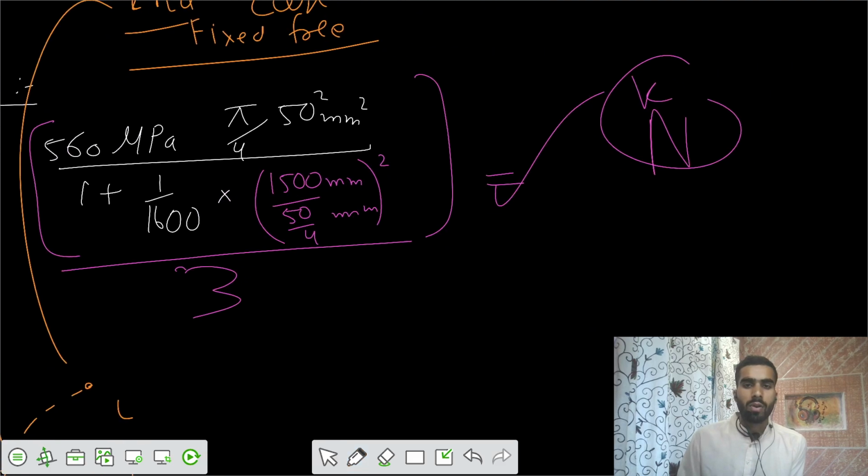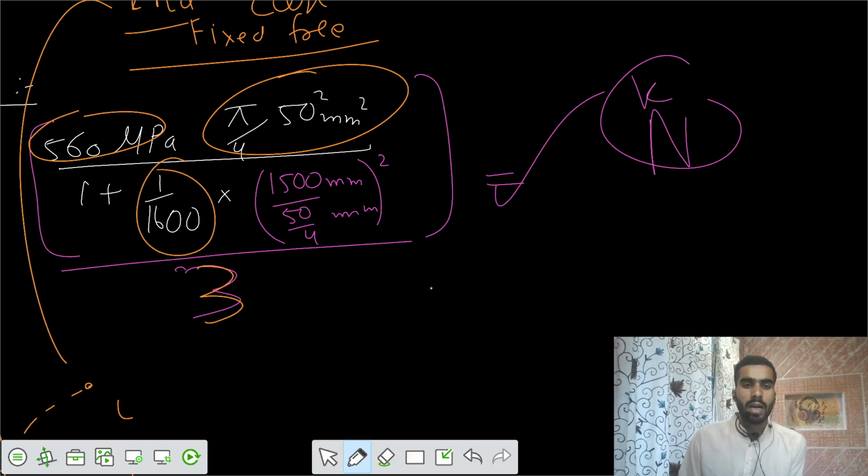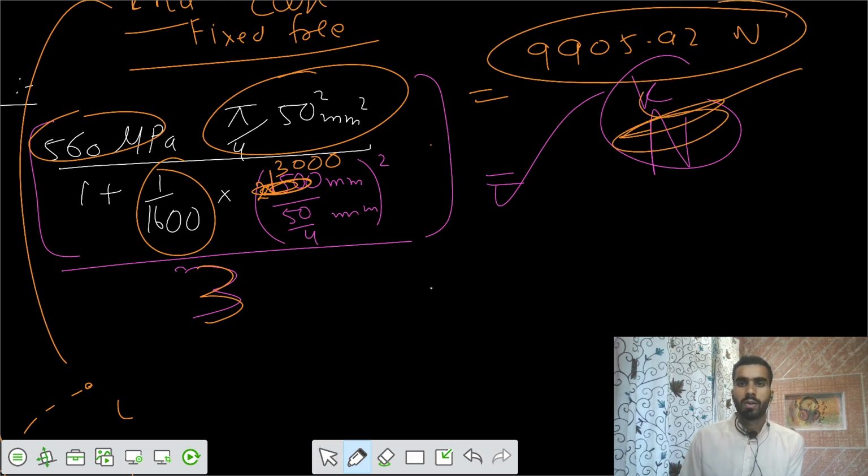Next, for fixed free, you have that Fc A, and you have that factor of safety also. 1 plus alpha is also there, and you have L by R. You have to only change L by R to 2 times L by R, such that it becomes 3000. This is the final equation, and we would get a value of 9905.92 Newton. This is your answer for the second case.